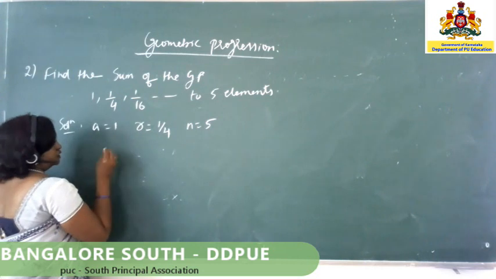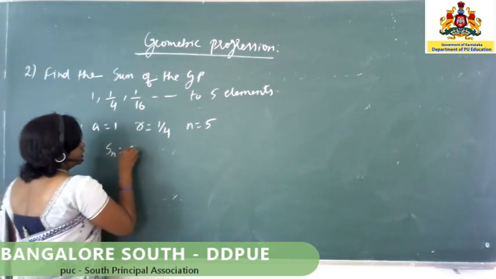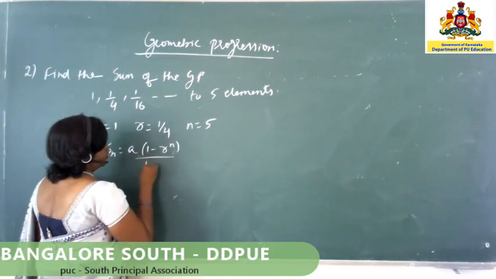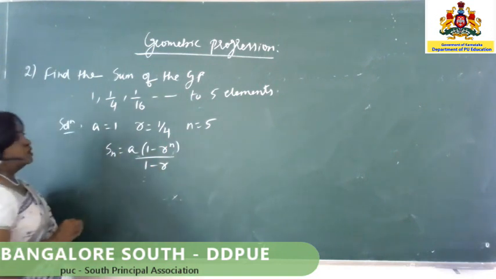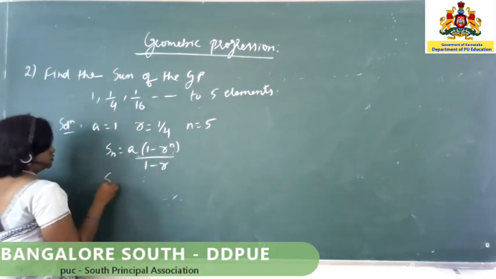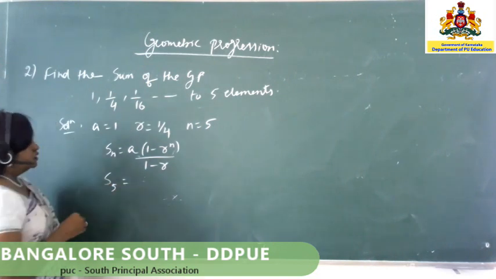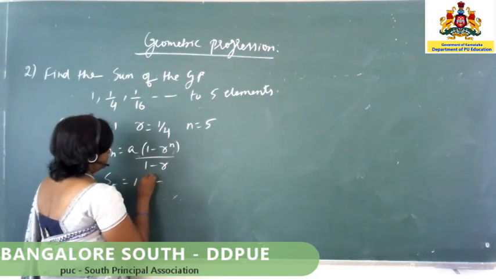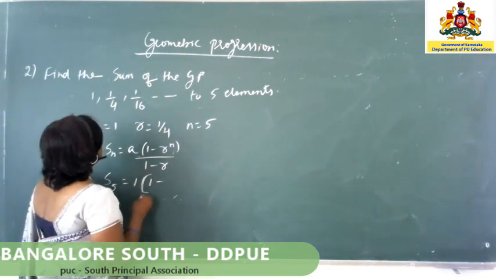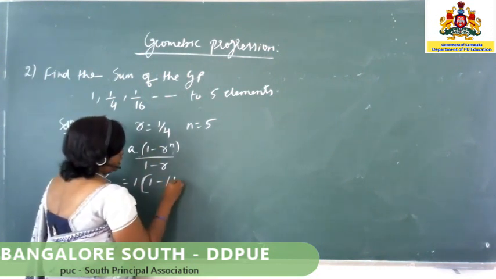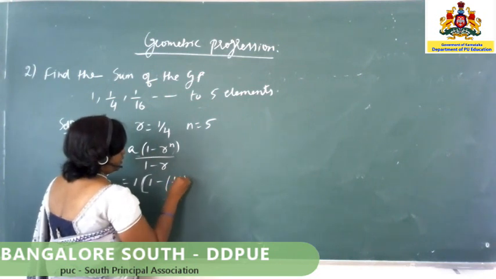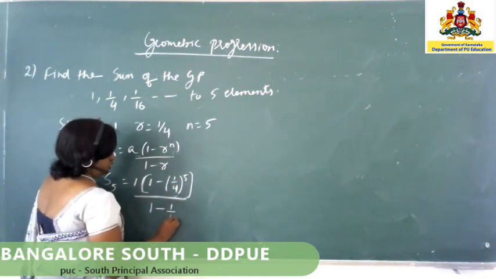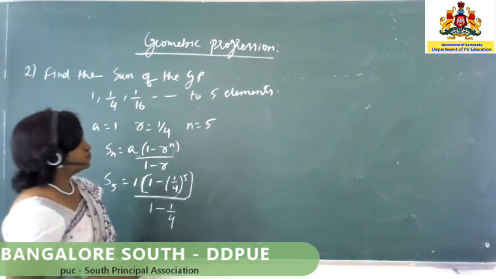So we know that Sn is equal to A into 1 minus R to the power of N by 1 minus R. So S5 is equal to A is 1, 1 minus R, which is 1 by 4, to the power of 5 divided by 1 minus 1 by 4.